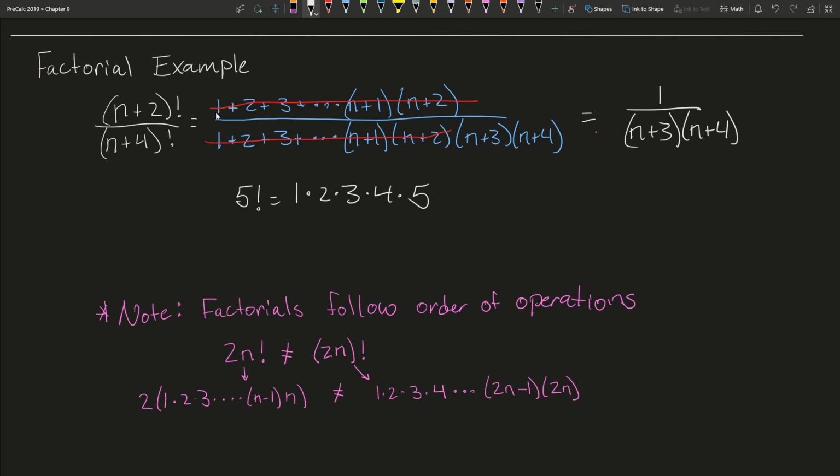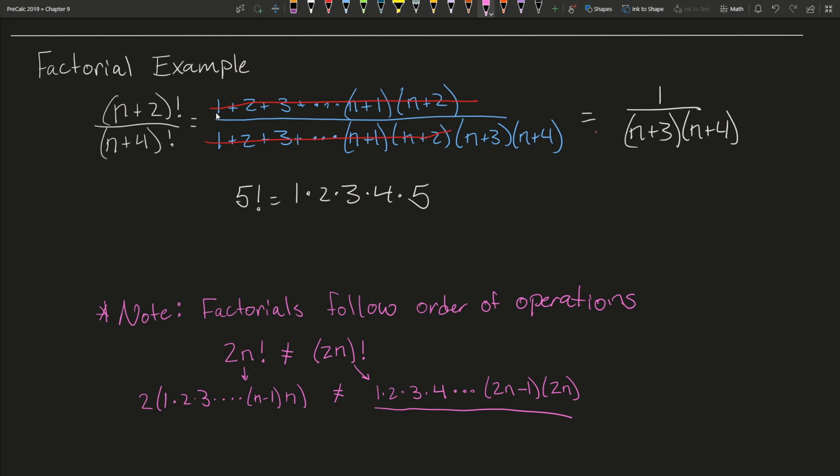They're kind of like exponents, in that if we have 2n factorial, that factorial only applies to the n, okay? And if we have 2n in parentheses factorial, that factorial applies to both the 2 and the n. All right, just a little caveat.